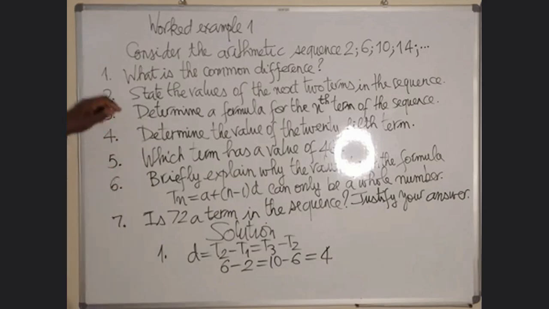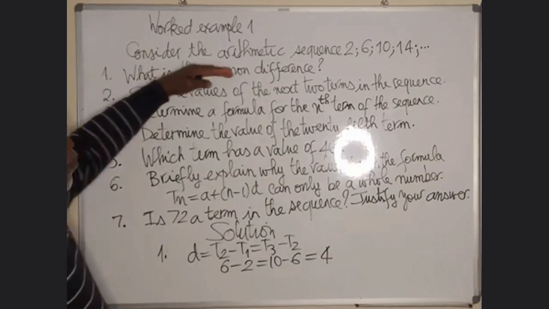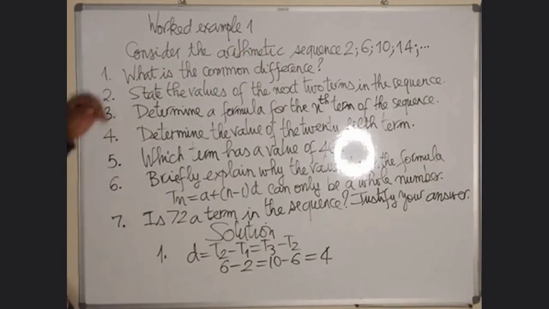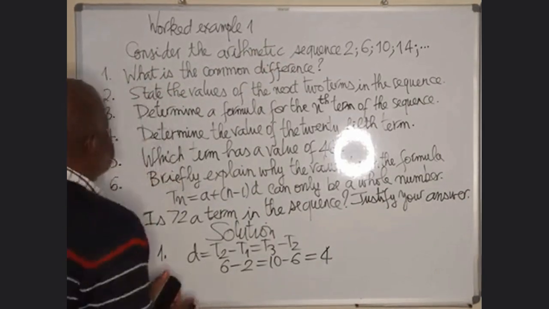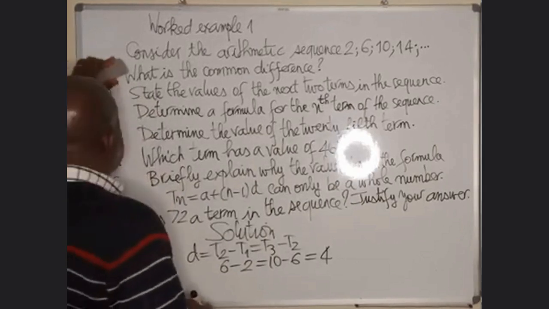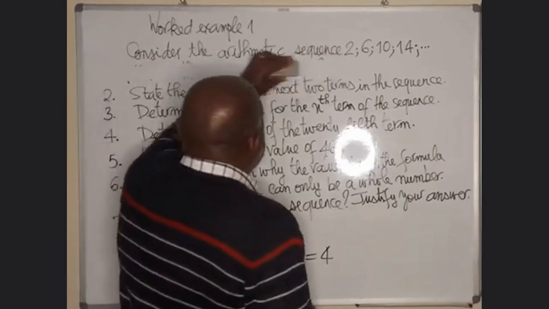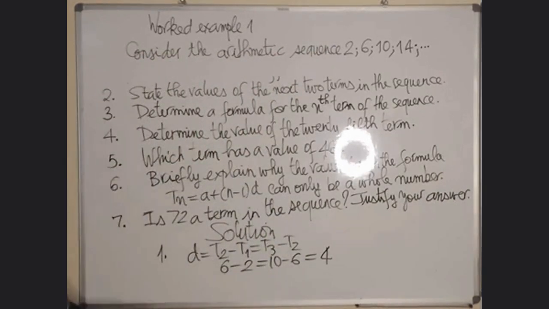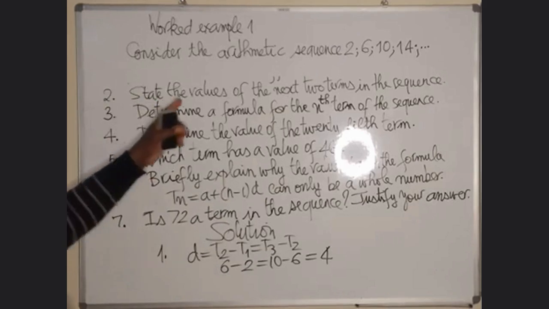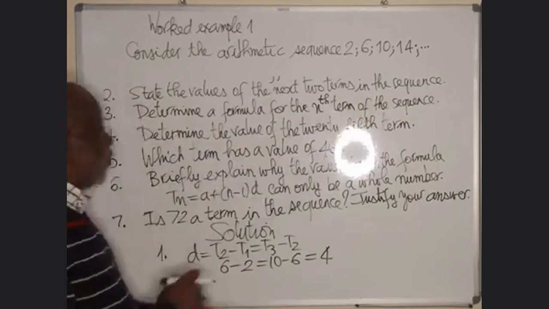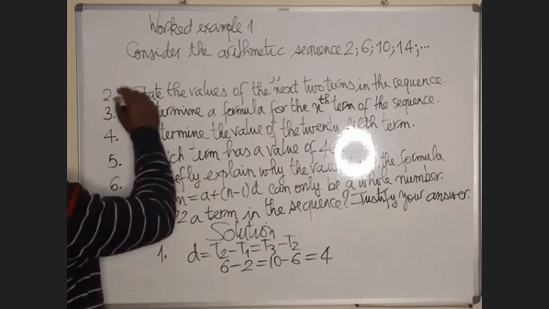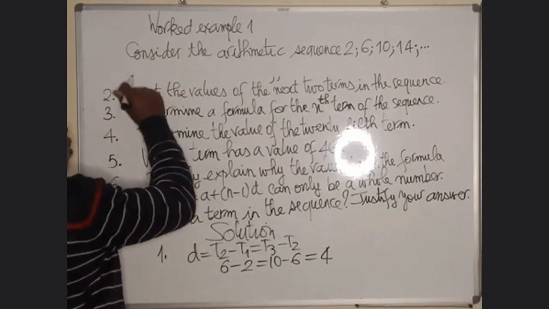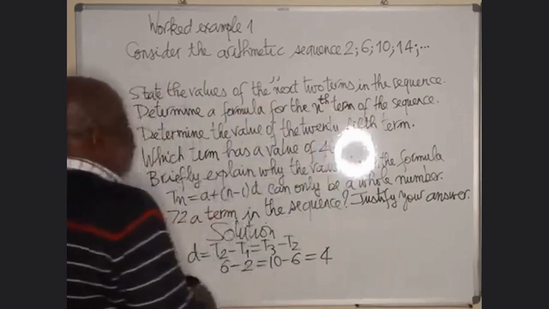We're gonna clean the board. Yes, we have responded to the first question so that we can have the space for the second question. The second question: state the values of the next 2 terms in the sequence.